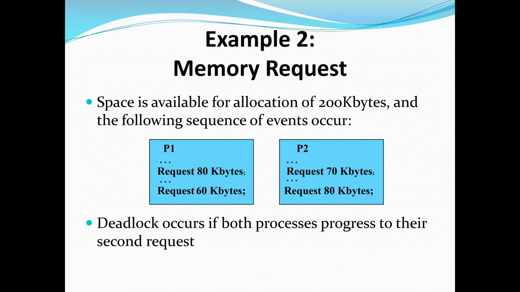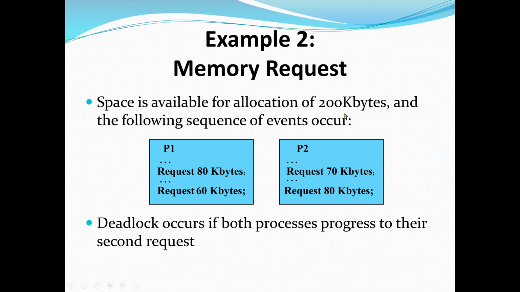Because here, if the amount of memory to be requested is not known ahead of time, it is very difficult to deal with this type of deadlock by means of system design constraints. So the best way to deal with this particular problem is, in effect, to eliminate the possibility by using virtual memory, which we're going to discuss in our future lectures.